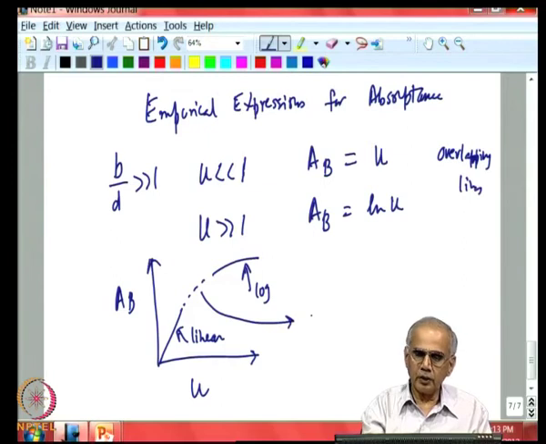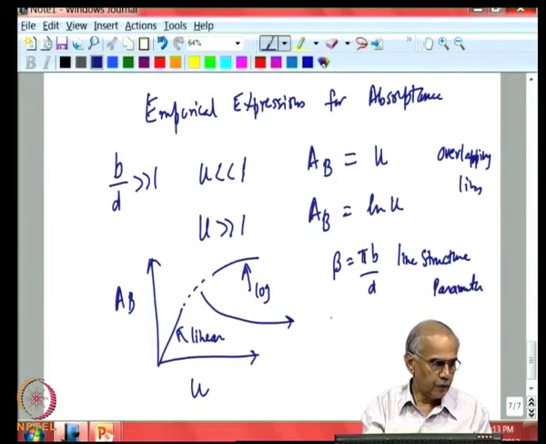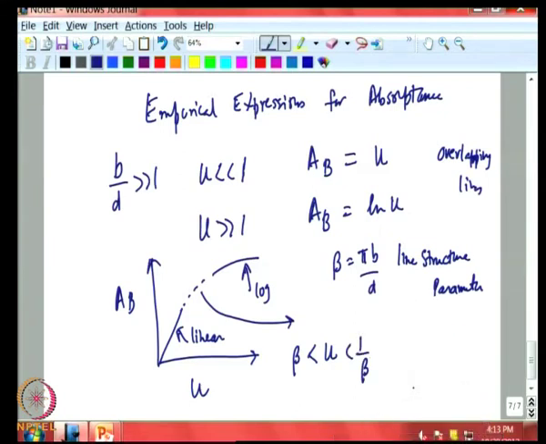And so, the condition that has been arrived at, if you define beta as pi b by d, essentially a line structure parameter, then if u is greater than beta and less than 1 over beta, a lot of people suggested that A by B should vary as 2 root u by beta minus beta.